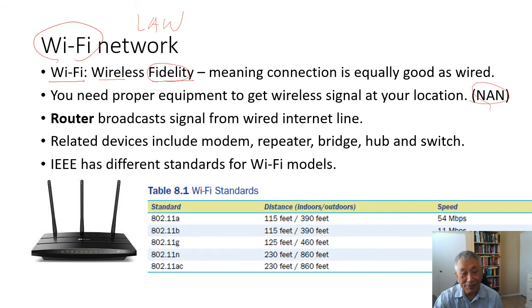Fidelity is confidence or faithfulness. In older days, maybe you heard about stereo fidelity. When a device is having wonderful stereo music, the sound reproduction from that system is as good as a real concert or real music. That's the idea about fidelity: faithful, as good as the real thing.